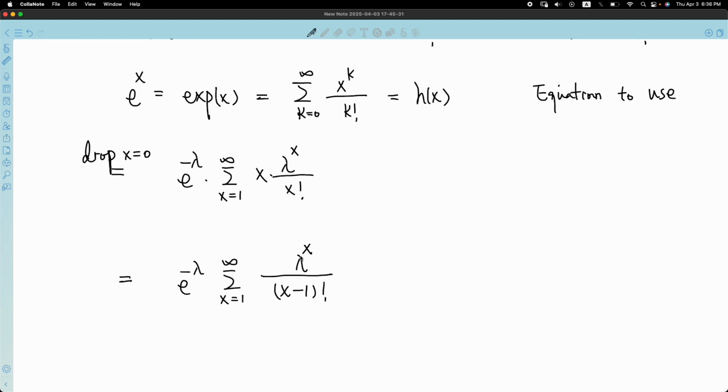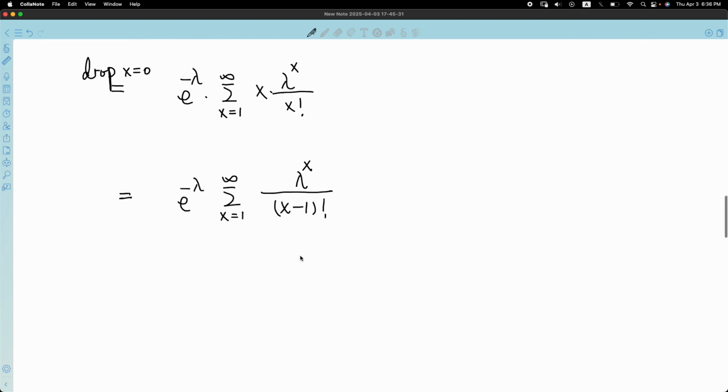The lambda is a constant here. So what we can do, E of lambda, bring out one more lambda. Summation x equal to 1, lambda to the x minus 1, over x minus 1 factorial. Is that okay?